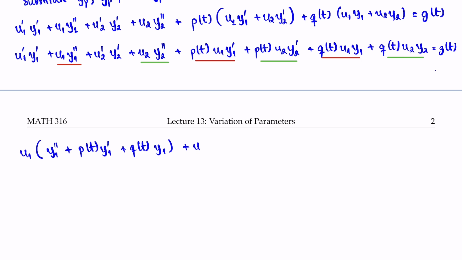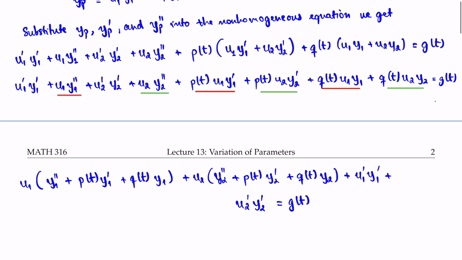And u2 as a common factor, and you're left with y2 double prime plus p of t times y2 prime plus q of t times y2, plus u1 prime times y1 prime plus u2 prime times y2 prime equal to g of t.